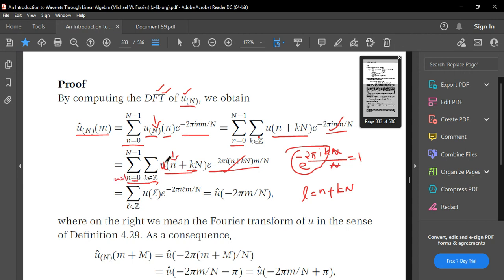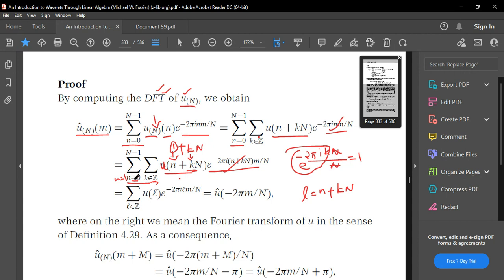If n is equal to 1, 1 plus kN, multiples will appear here. The nth multiple from the index 1, that is 1 plus kN; if N is equal to 10, then we will get u of 1, u of 11, u of 21, and so on. Like that. If n is equal to 2, you will get u of 2, u of 12, u of 22, u of 32.